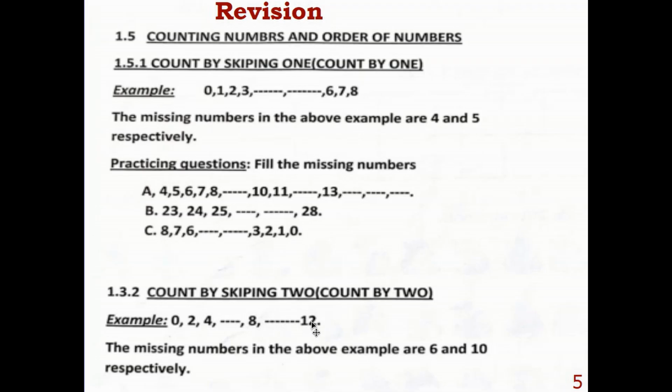So these are called even numbers, with a difference of 2 between each consecutive number. The missing numbers in the above examples are 6 and 10. If you can see the pattern, the missing numbers are 6 and 10. This is what we have seen last time.